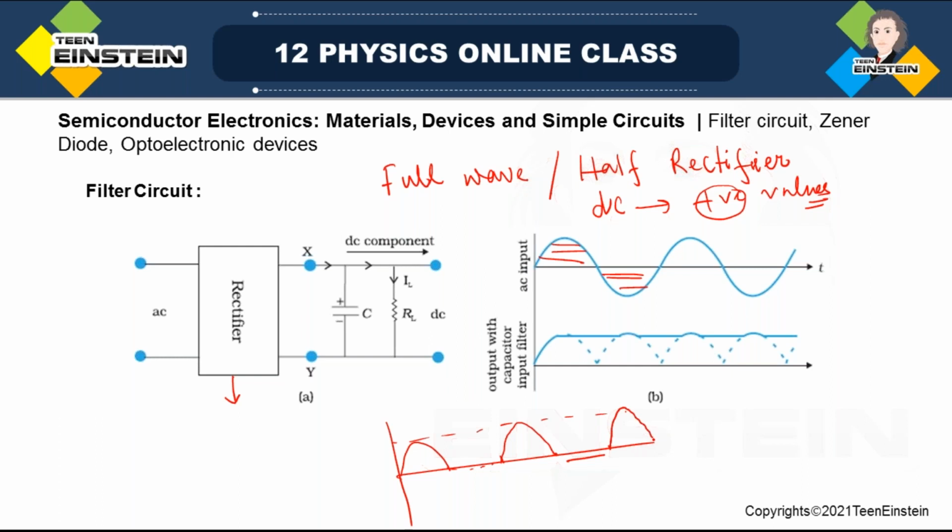Again we'll get some output voltage like that. That is the output voltage of a half wave rectifier. And in case of full wave rectifier, we got output for both the positive and negative cycles, when we use two diodes. So that is what we have seen.